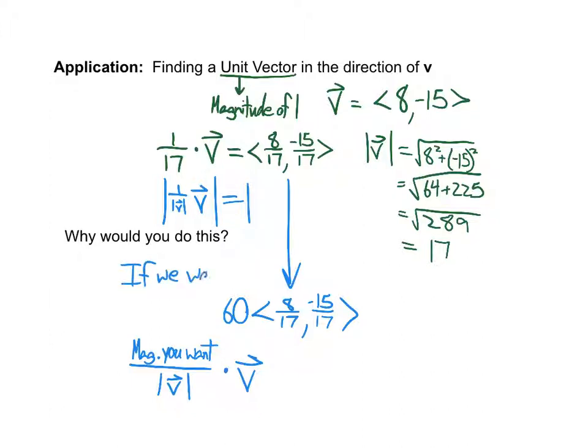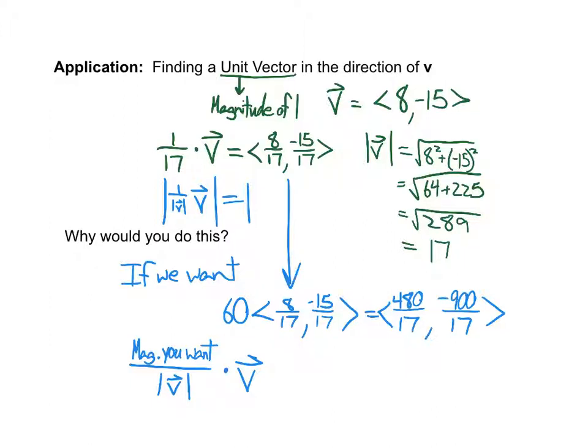So you just divide 60 by 17? Yeah, and now that we're doing that multiplication, that would be 480 over 17, and a negative, let's see, 900 over 17.